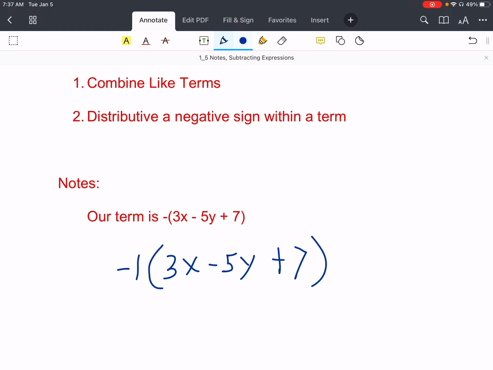Because anything that's out there, if it doesn't have a number besides 1, that just means there's one of them. So there is one term, and it happens to be negative.